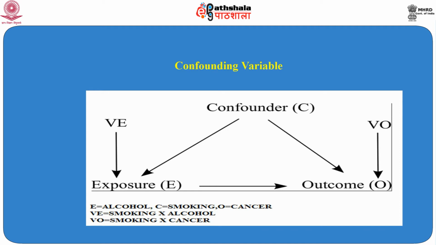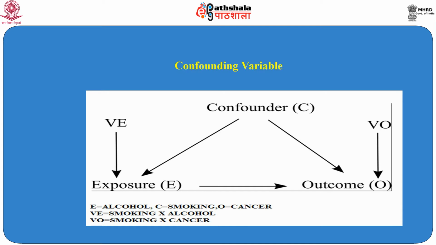Another important thing is that not only by analysis but also by review of literature and biologically, we have to find out whether a confounding variable is present or not. I will give one example where a confounding variable is present. For example, alcohol and smoking both are causes of cancer. If we want to see whether alcohol contributes to cancer, definitely we will see alcohol contributing.